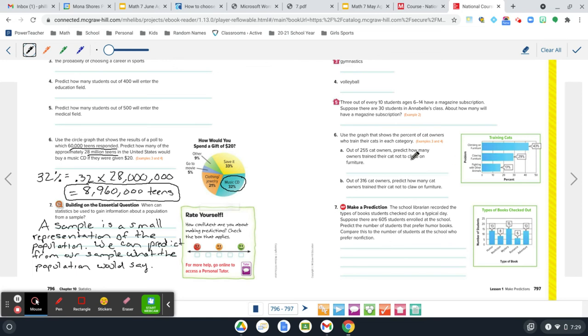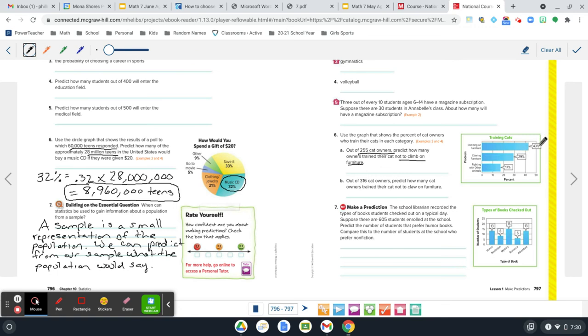So now letter A says, out of 255 cat owners, predict how many owners train their cat to not climb on the furniture. So we're going to extend this sample out, and we're going to predict, if we look at 255 cat owners, not climb on the furniture, these cats. So we're going to focus on this first bar at the top here.